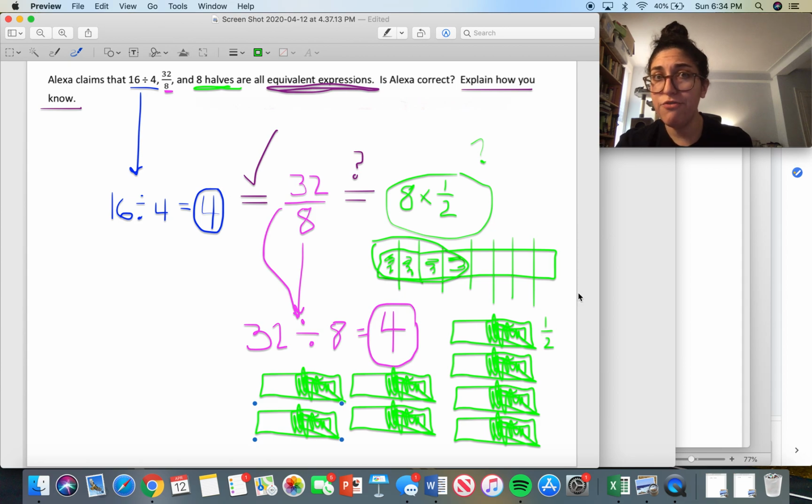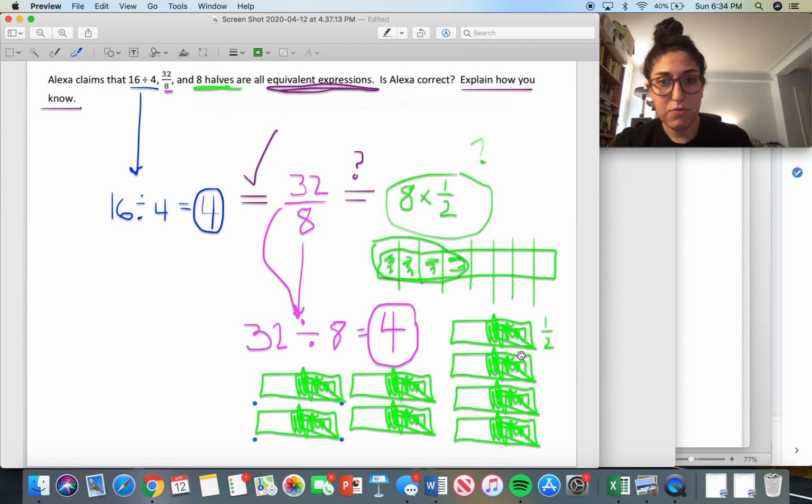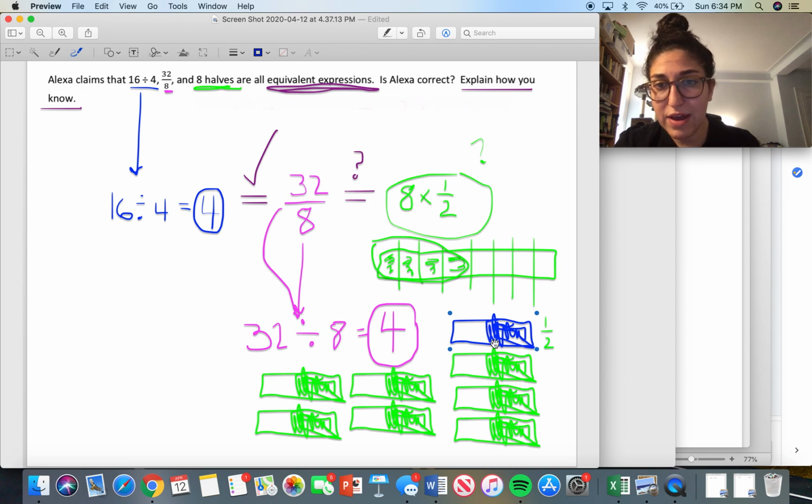Remember, if I have this half here plus this half here, it equals 1 whole.